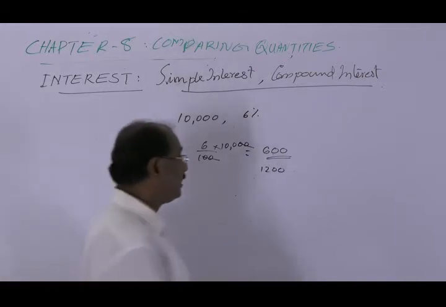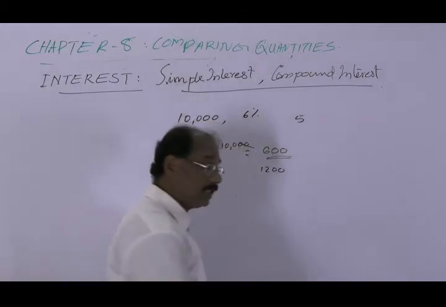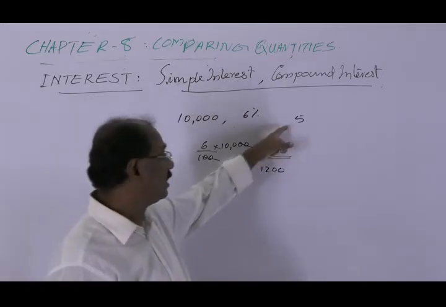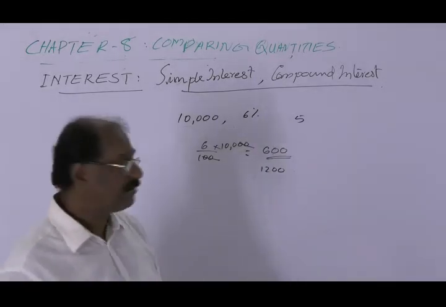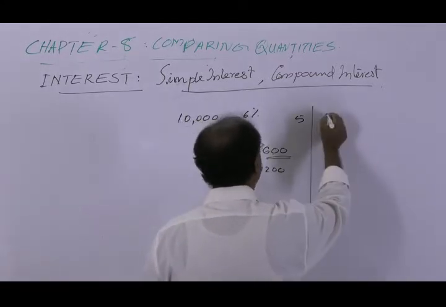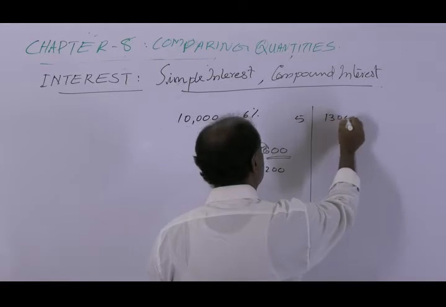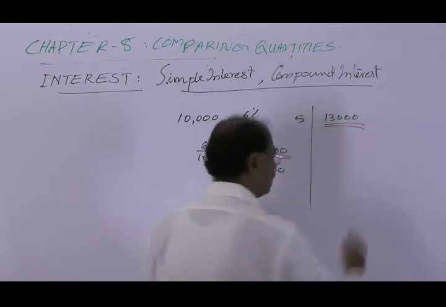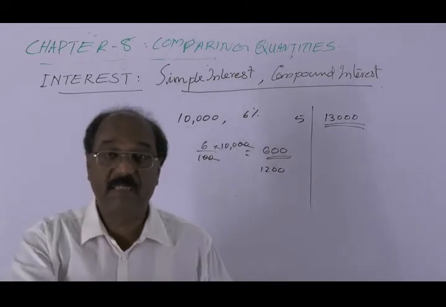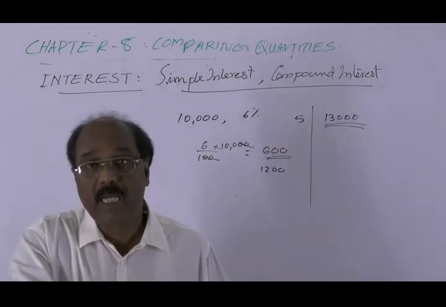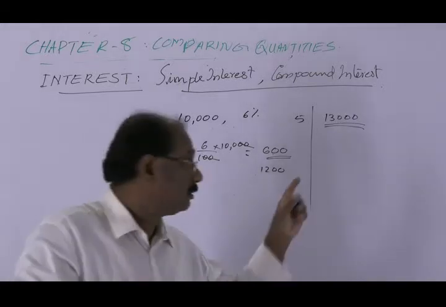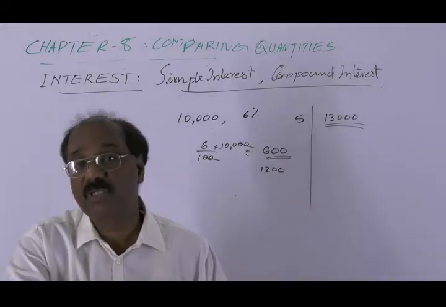And after 5 years, suppose you deposit the amount over 5 years, then the interest is 600 into 5, which is 3,000. And after 5 years, the total amount in the bank will be 13,000: 10,000, the deposited amount, which is called the principal amount, and 3,000 interest, total is 13,000 rupees after 5 years.